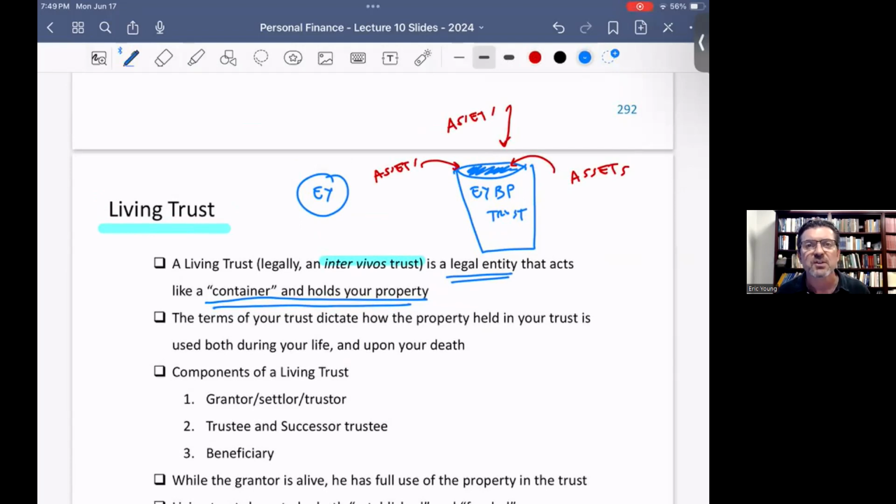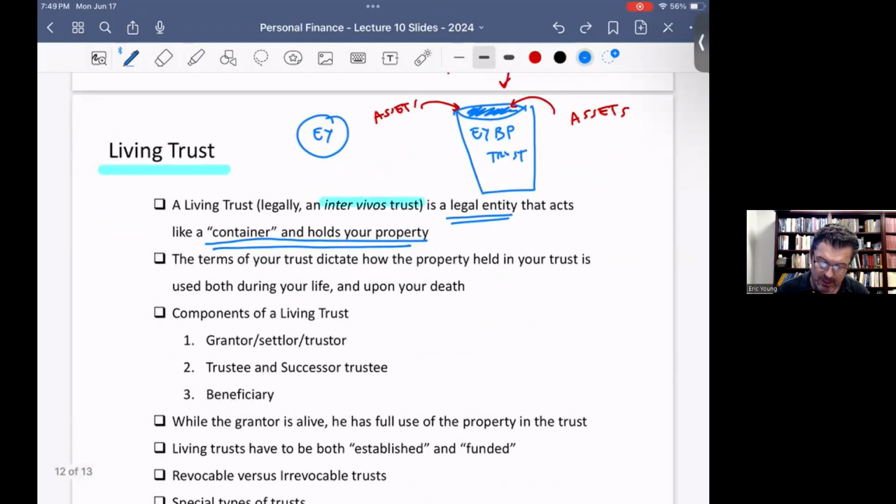And once they're transferred, get this, you, as the person, no longer own the assets, but your trust, as a legally separate entity, does. The trust, in turn, is a legal document that dictates how the property it holds is going to be used both while you're alive and after you die.